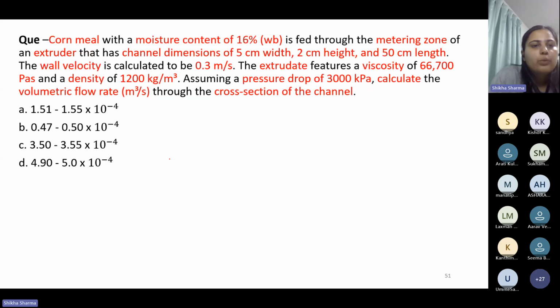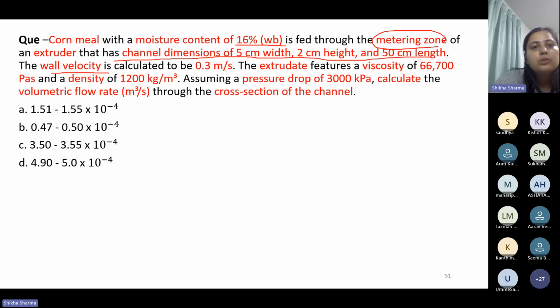Let's solve another question on extrusion. We have corn meal with moisture content of 16% wet basis. We are feeding it through the metering zone of the extruder, and the channel dimensions are 5 centimeter width, 2 centimeter height, 50 centimeter length.